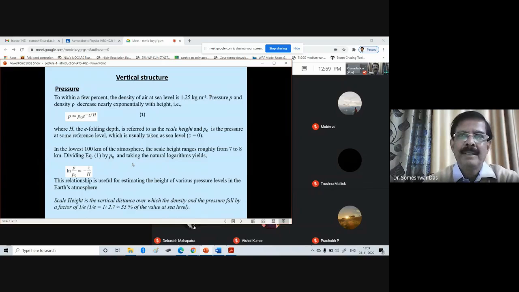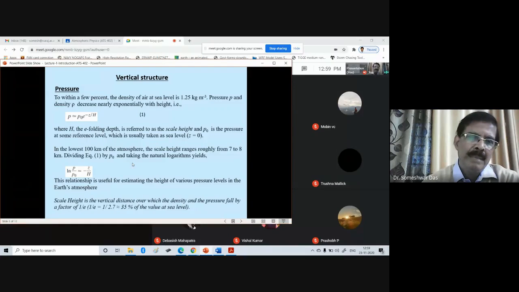Iso lines means lines of equal values. Isobars means lines of equal pressure. So we have the 500 millibar isobaric surface, or the 200 millibar isobaric surface.